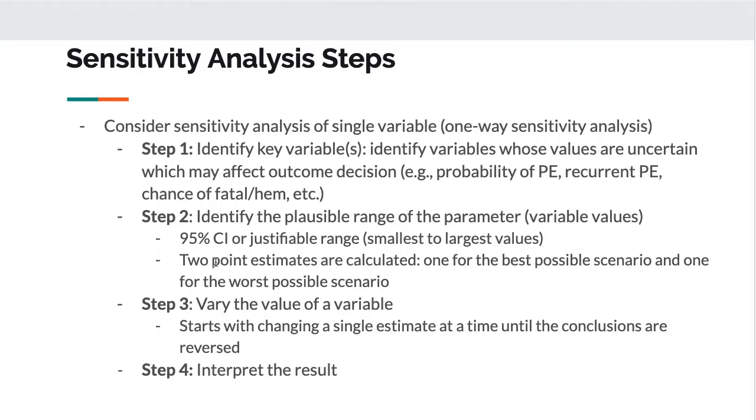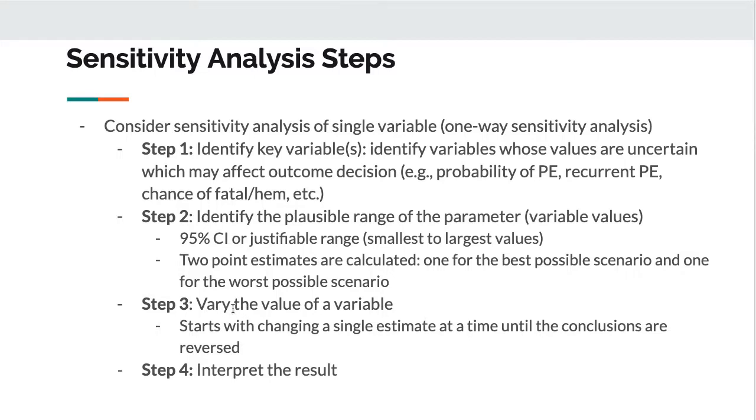Sometimes we are looking at two point estimates for the calculation: one for the best possible scenario and one for the worst possible scenario. So you can think about the expected values: one point where the expected value of that specific option is going to be largest, and one point where the expected value of that option is going to be smallest. Okay, we can see some examples later on.